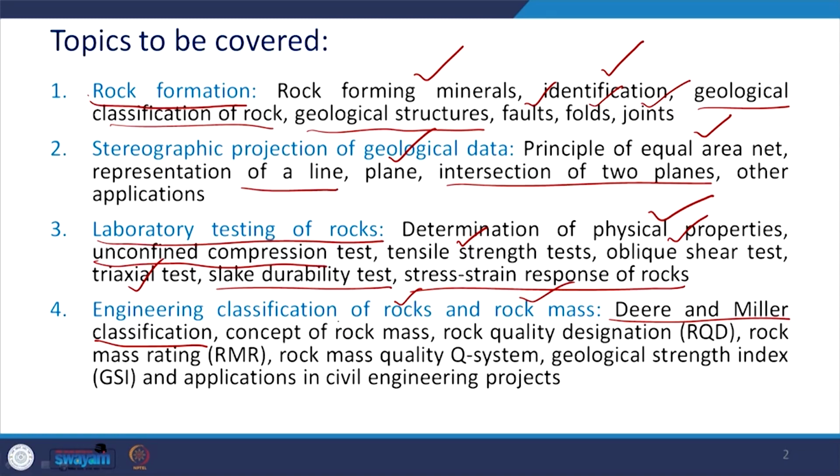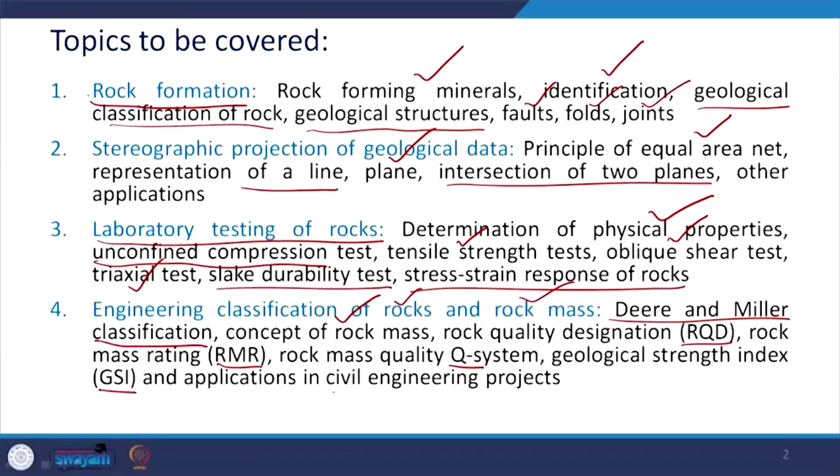Then we will learn something about rock mass, and some of the classification systems related to rock mass, that is rock quality designation RQD, rock mass rating RMR, the rock mass quality Q system, and the geological strength index system, that is GSI. Then we will see the applications of these classification systems in various civil engineering projects.